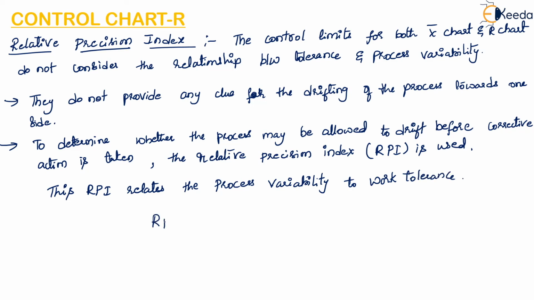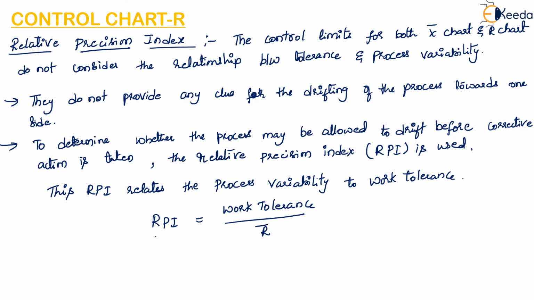So RPI can be written as work tolerance divided by R bar. After calculating this relative precision index, we can refer to a table to see whether for a given sample size the process is low, medium or high relative precision.